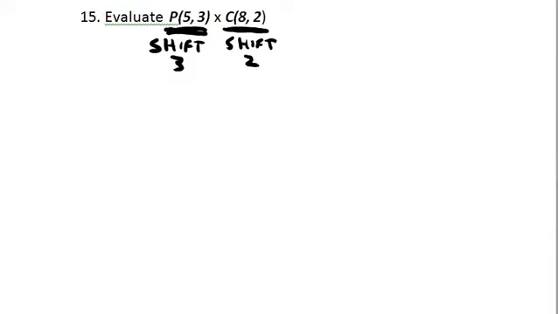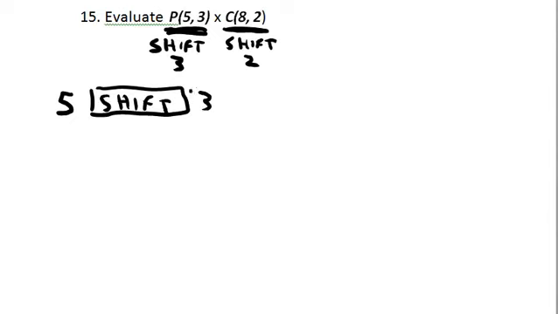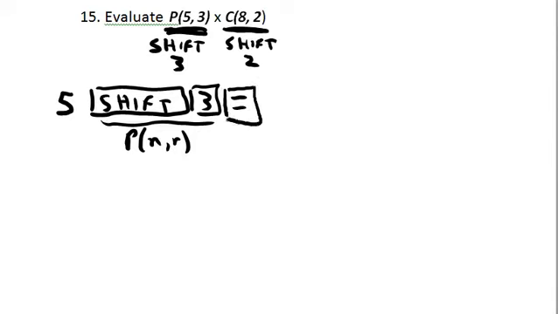So given that, you simply enter the 5, then shift 3. Shift 3 gives you the permutation, and then equal, and then you want to multiply, so it would be times.